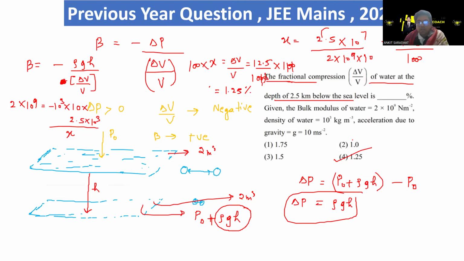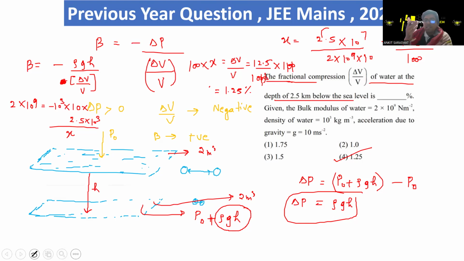Understood? So additional pressure is responsible for the decrease in volume. Delta P may be positive, may be negative. Clear? If there is no change in pressure, there is no change in volume. All right. So when you are going deep down inside the sea, the density is not uniform because pressure is not uniform. It is going to increase if you go deep down. So volume of the water at the surface is higher. If you go deep down, pressure is increasing, and the distance between the molecules of water is going to decrease.